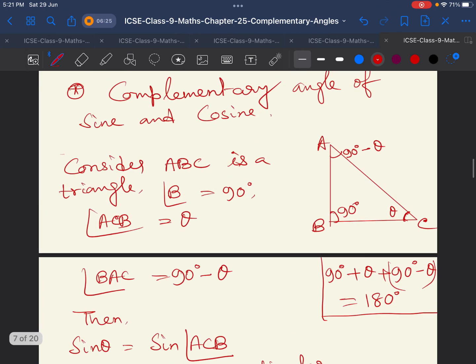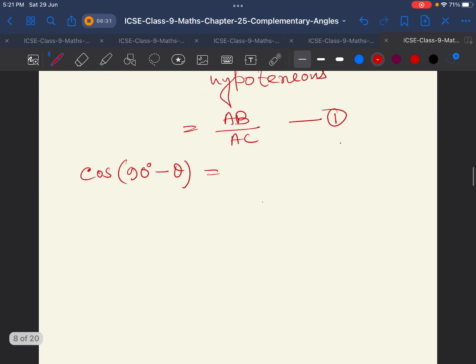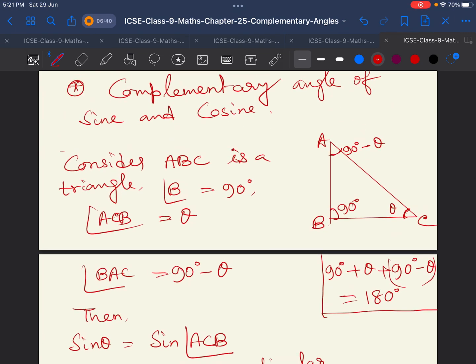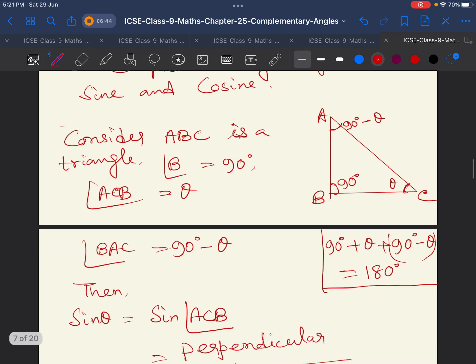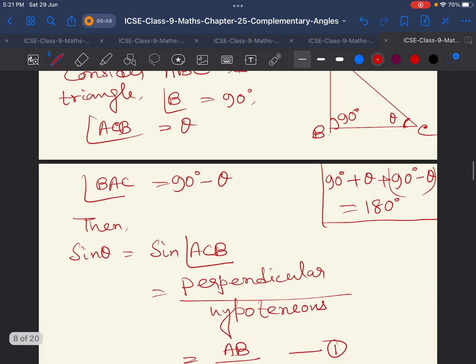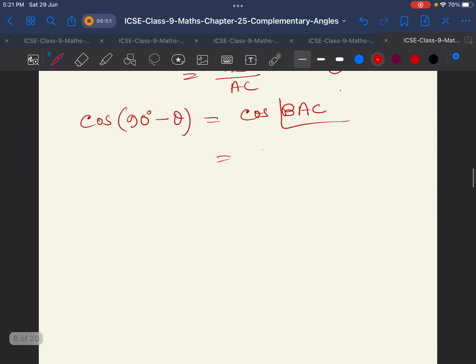Now for cos of 90 minus theta, that is cos of angle BAC. If we take this angle, then its opposite side BC is the perpendicular, AB is the base and AC is the hypotenuse.